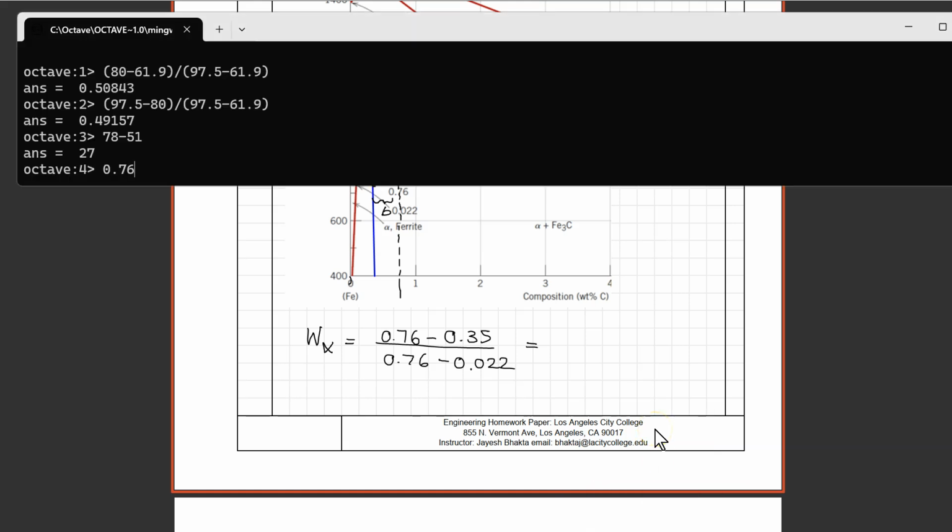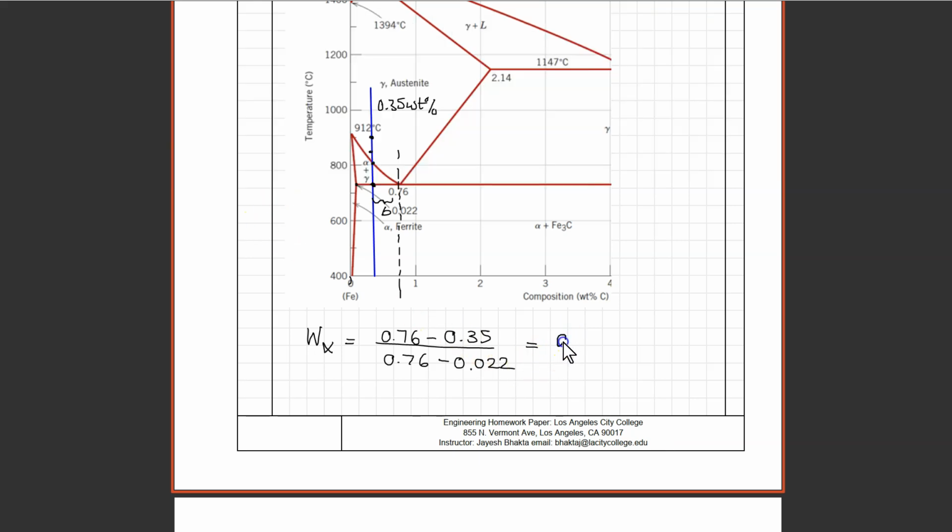So 0.76 minus 0.35, divided by 0.76 minus 0.022. And here we get 0.56, which is 56%.